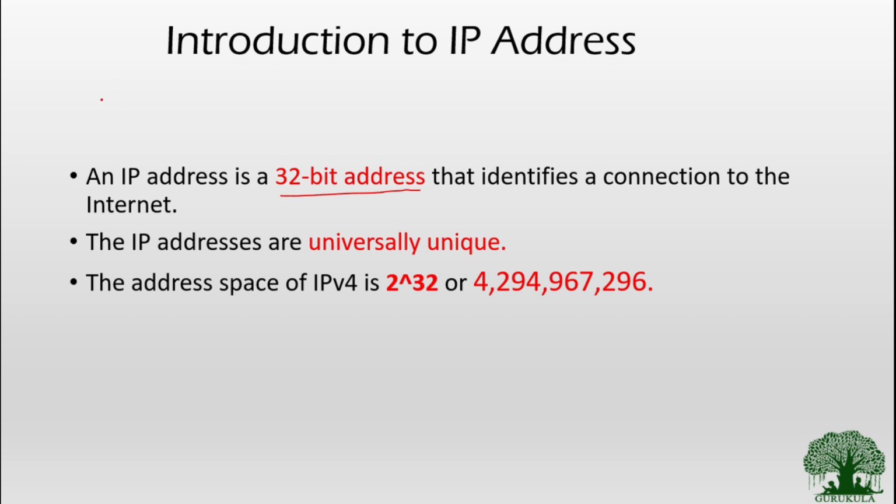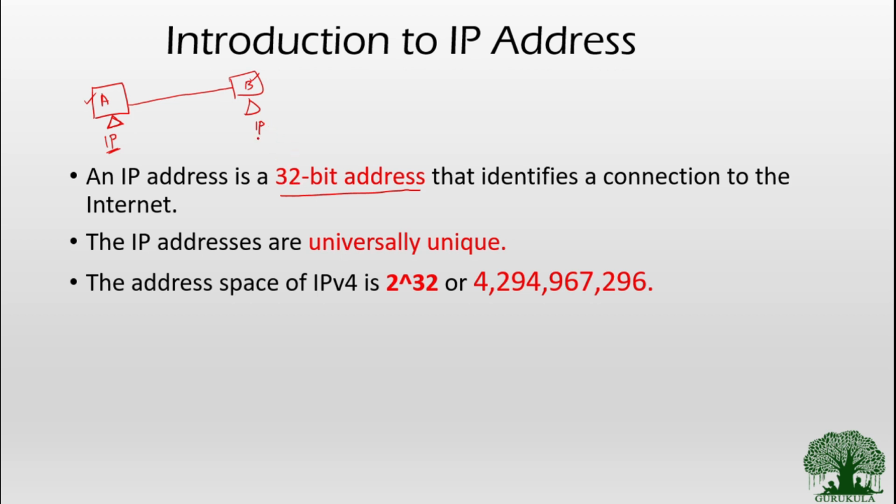Let's take for an example a system called A and a system called B. When these two systems are connected, for human purposes we can call them system A and system B. But a network will understand the address of a system based only on the IP address. So this system must have an IP address, and this system should also have an IP address, which is of 32-bit length.